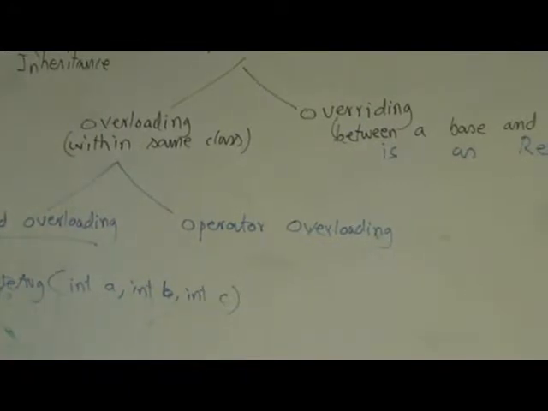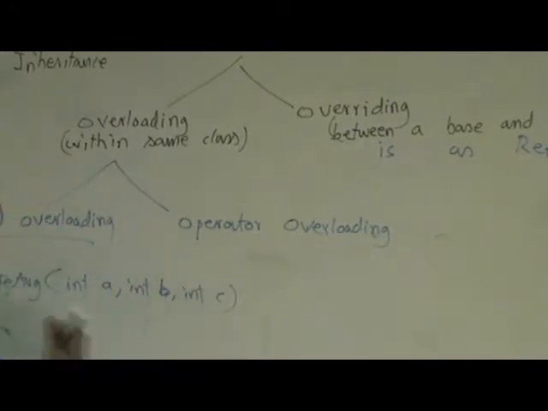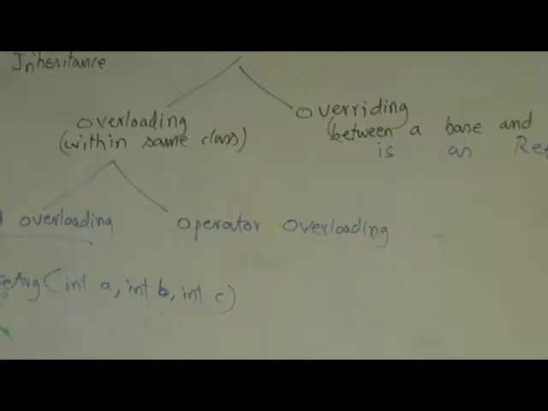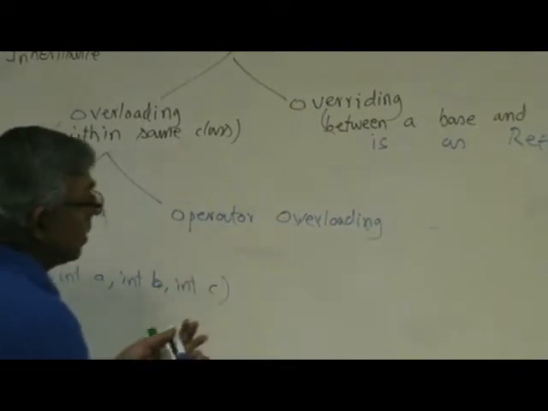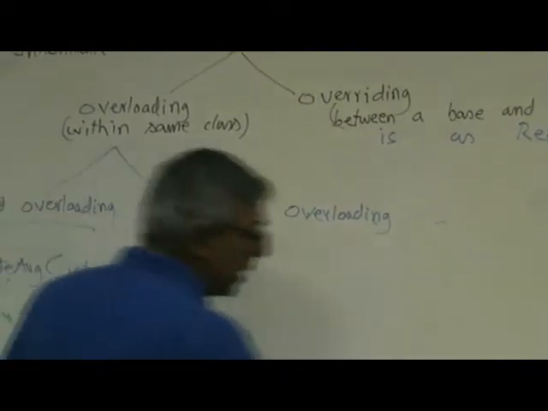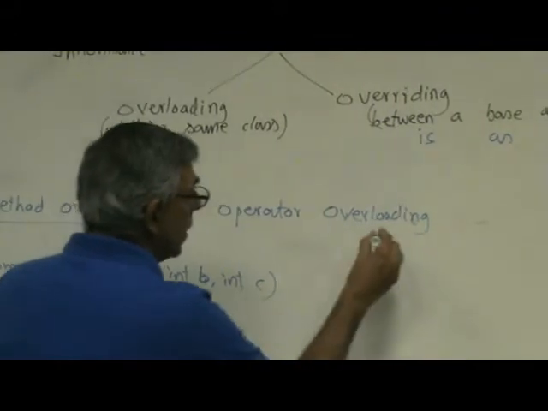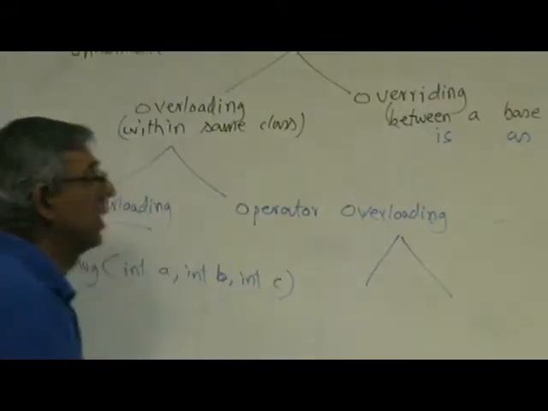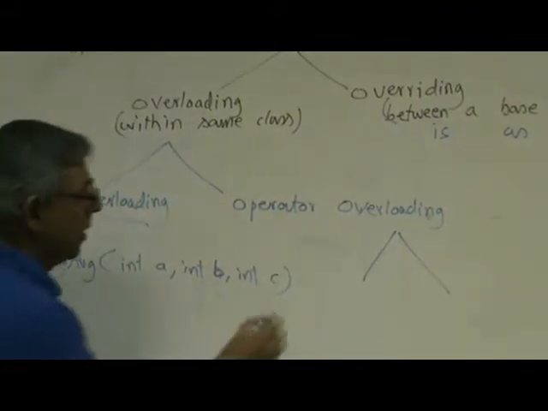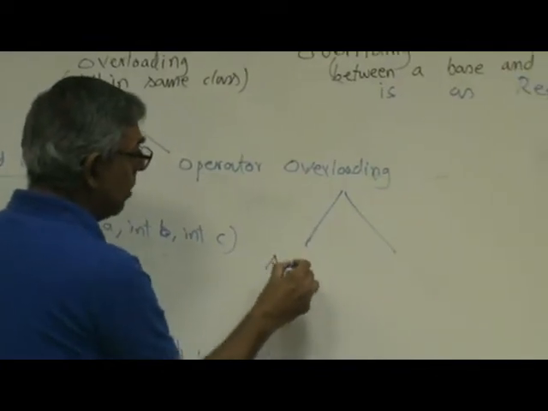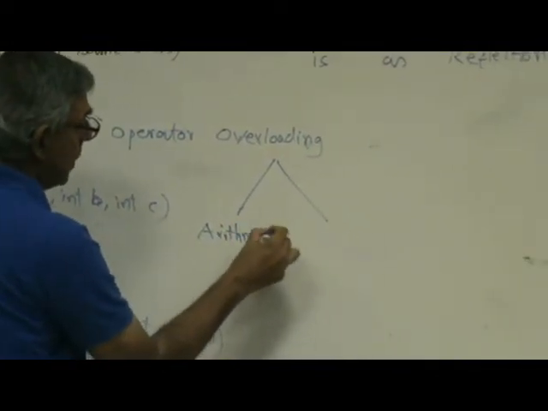Now just as a small point, in C++, operator overloading is supported. In Java, there is no operator overloading. C# does give us operator overloading with 2 further subdivisions. We have arithmetic operators over here.